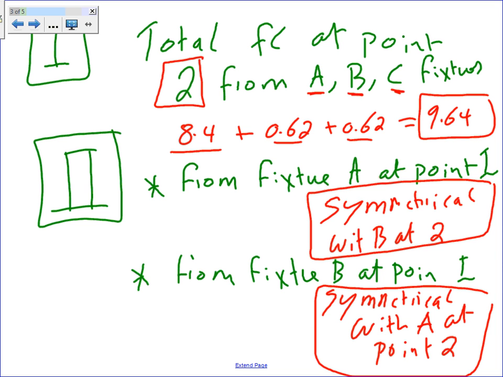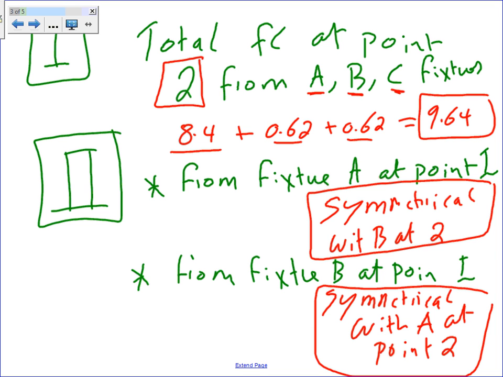The contribution of the other fixtures is small, you can almost ignore it. Between 9.64 and 8.4, you get almost 1 foot candle from the other two. So the lion's share of the foot candle at that point is coming from the fixture right above it. That's why we put it there. Any questions about this?